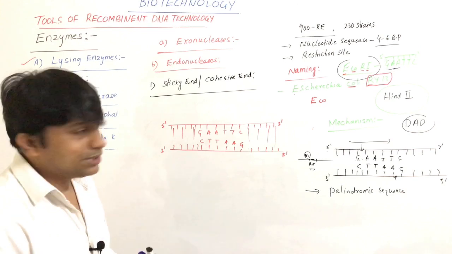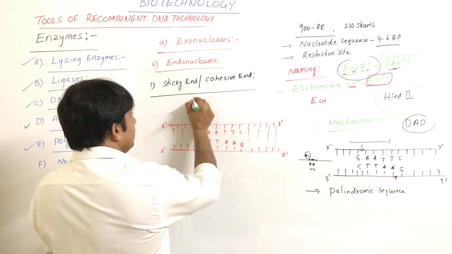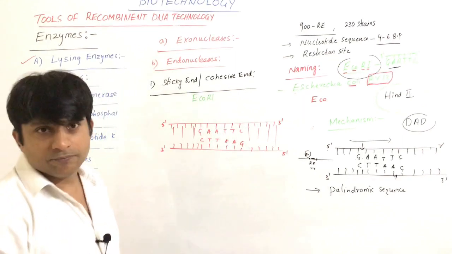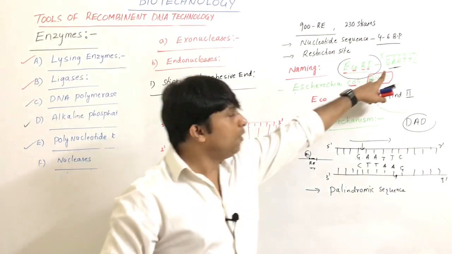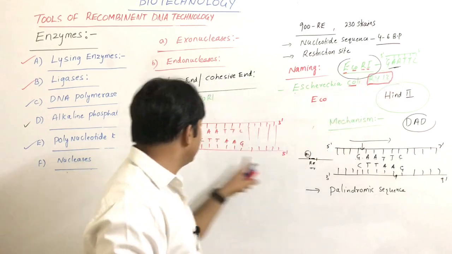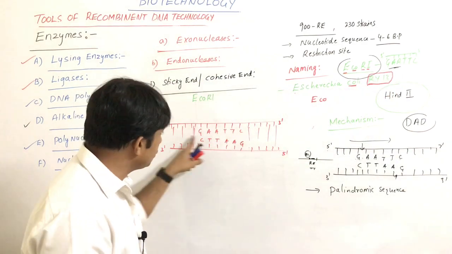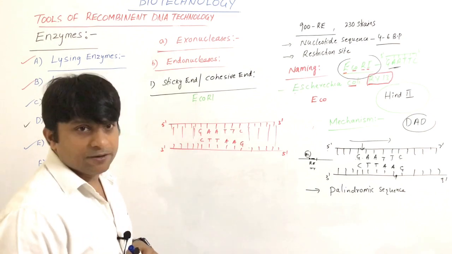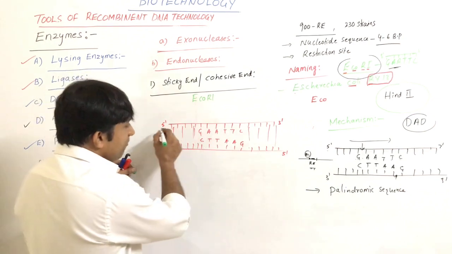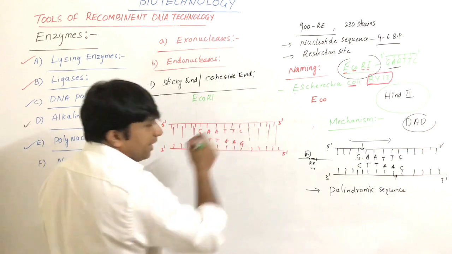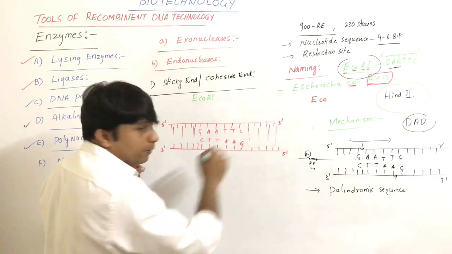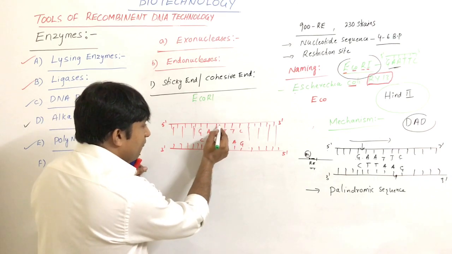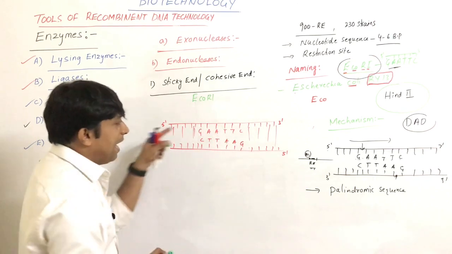Some enzymes like EcoR1, what is the sequence of EcoR1? GAATTC. Just for simplicity, I am showing you the same sequence. Some enzymes like EcoR1 cleave the DNA at a specific sequence, just away from the center of the palindromic sequence.